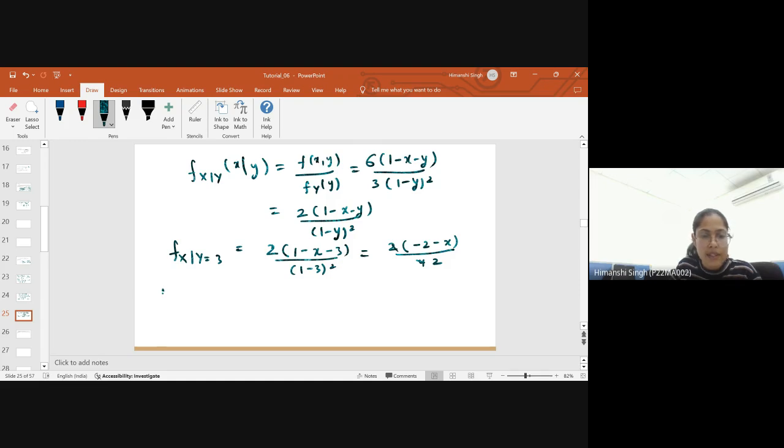So what is the expected value of x given y is equal to 3? It will be nothing but the integral over x f x given y dx, and we are putting the limit.